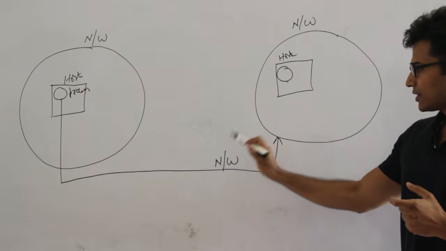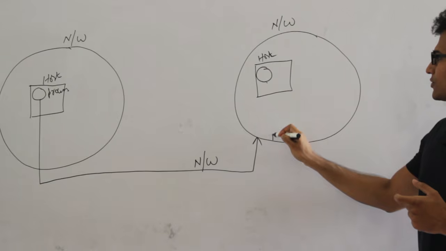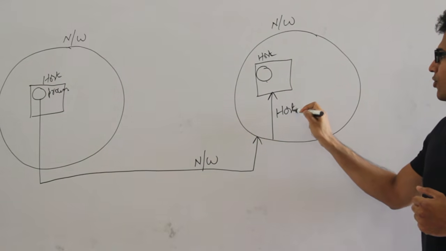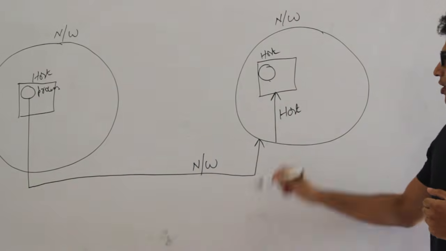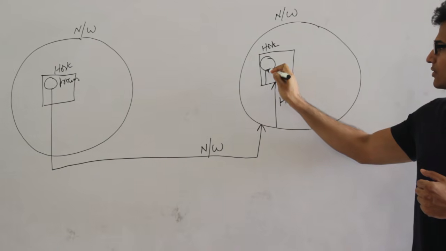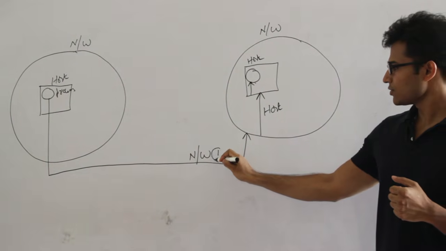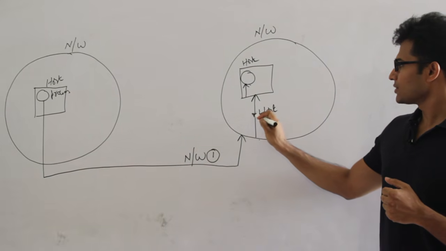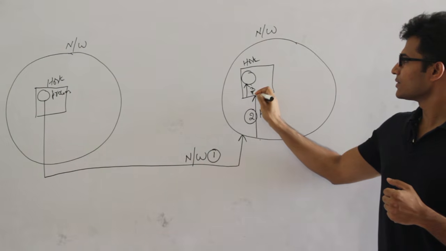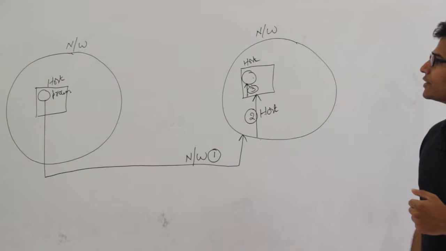And after reaching the destination network your request has to reach the destination host within the network, and after reaching the destination host it has to reach the destination process, right? Therefore step 1 is your request has to reach the destination network, step 2 is your request has to reach the destination host, and step 3 is your request has to reach the destination process. There are 3 steps involved in here, right?